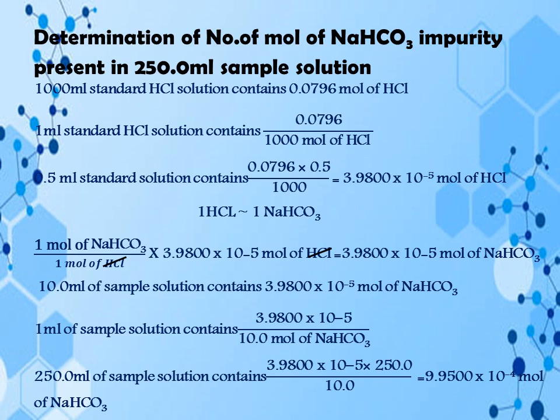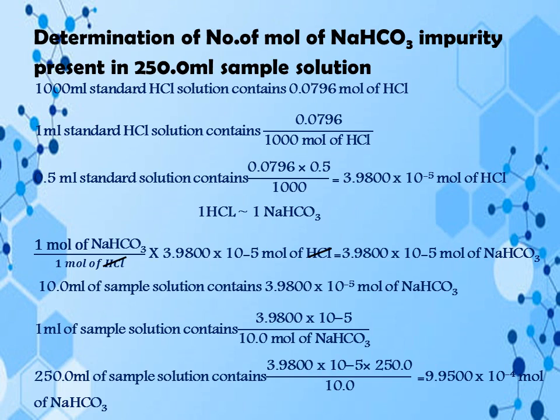If 1000 ml standard HCl solution contains 0.0796 mole of HCl, so 1 ml standard HCl solution contains 0.0796 divided by 1000, and the 0.5 ml, which is the volume of standard HCl solution consumed against sodium bicarbonate impurity present in sample solution, contains 0.0796 multiplied by 0.5 and divided by 1000, and the result is 3.9800 × 10^-5 mole of HCl.